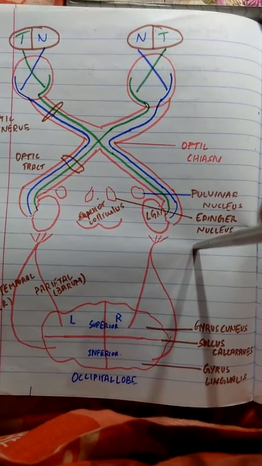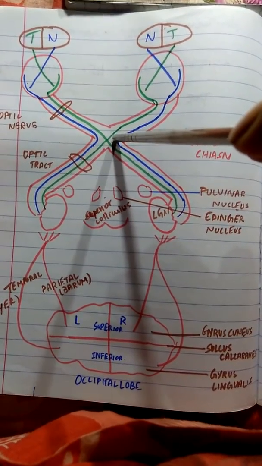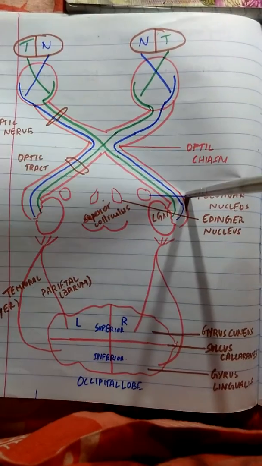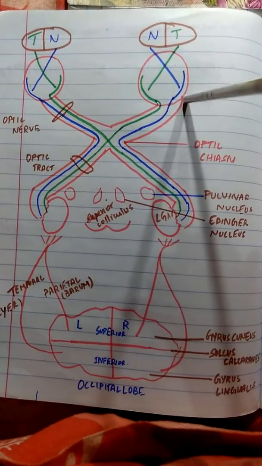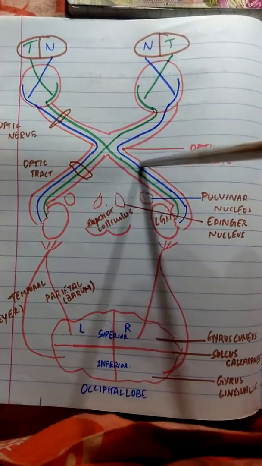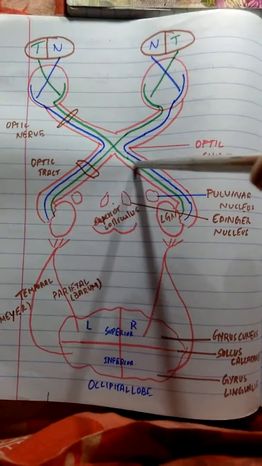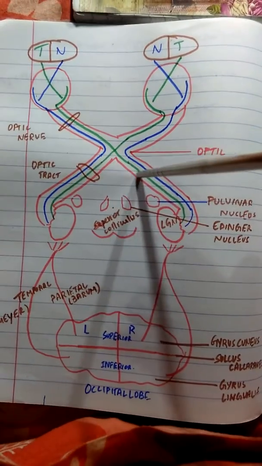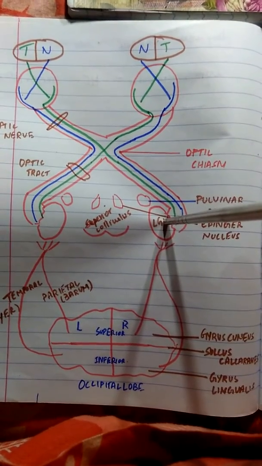From the optic chiasm, these two fibers form an optic tract. The optic tract consists of the temporal fibers from that eye and the nasal fibers from the other eye, and this optic tract goes to the lateral geniculate nucleus.